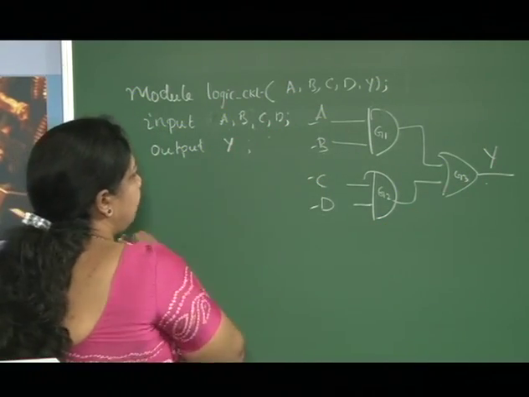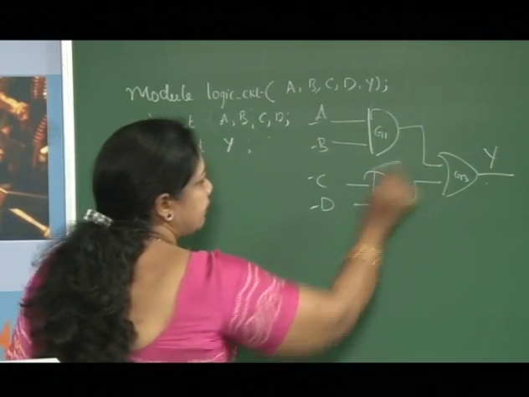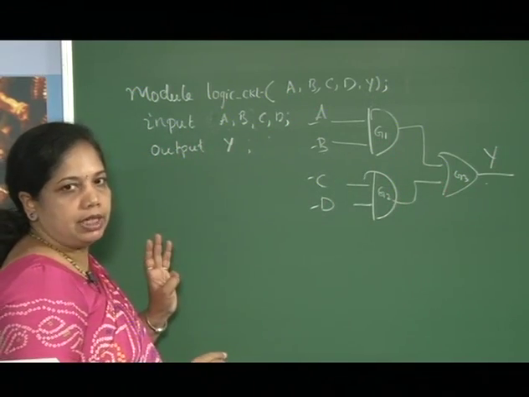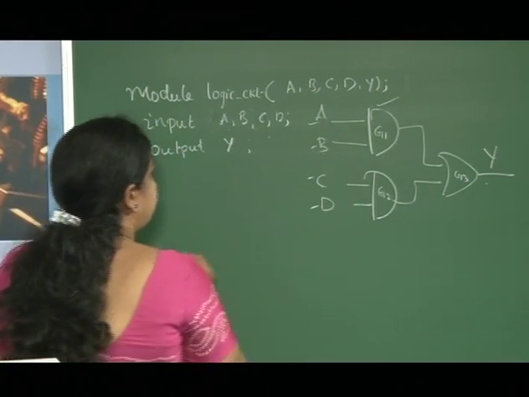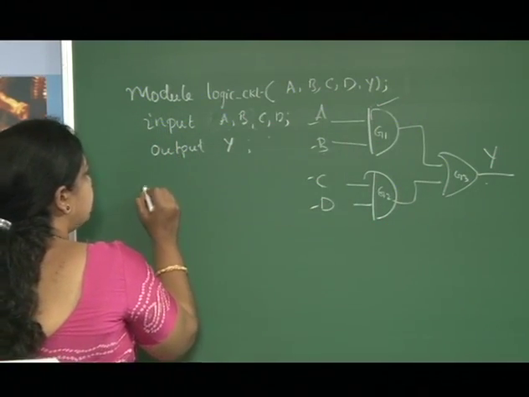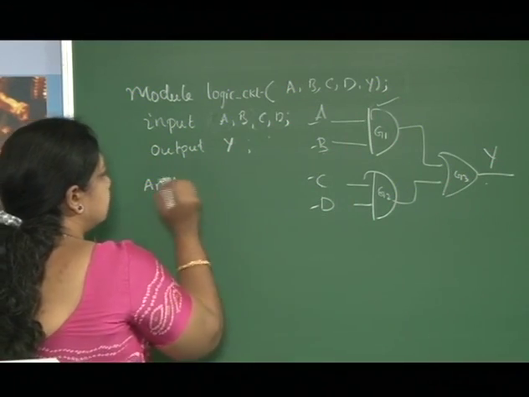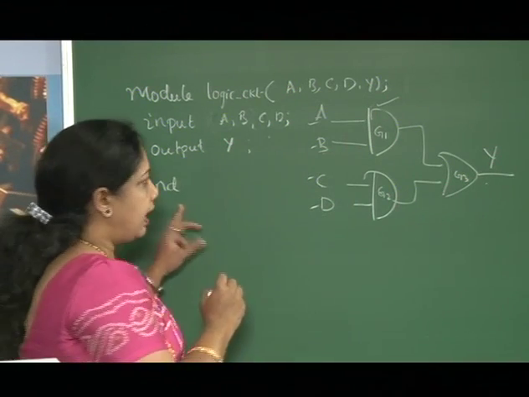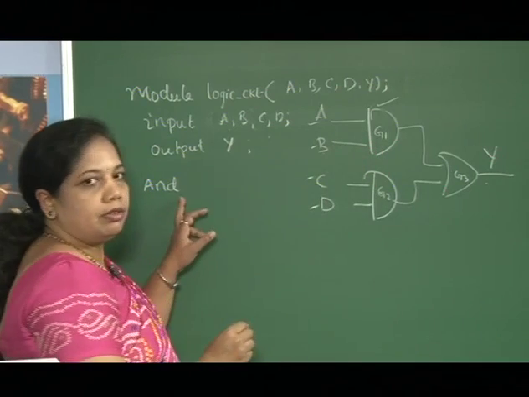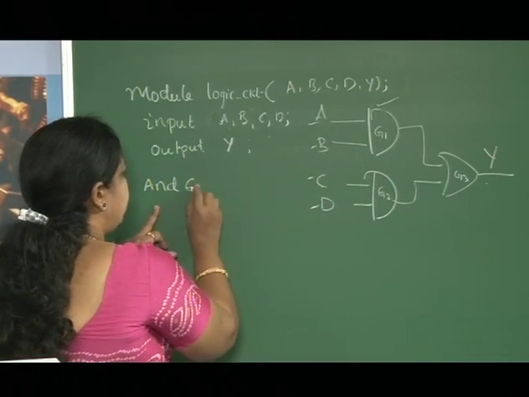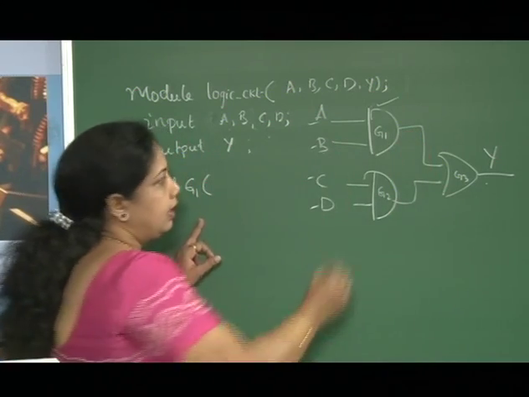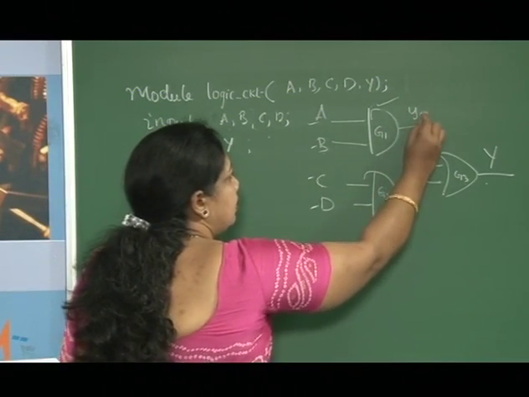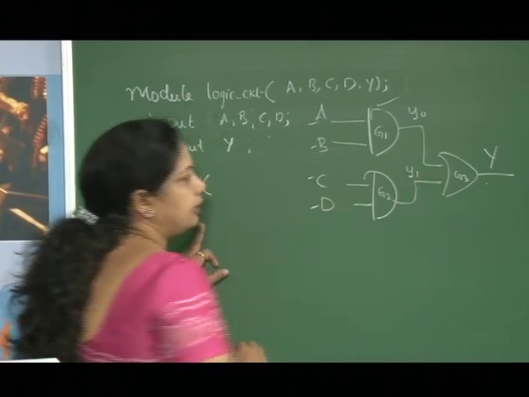Then I am going to define how many gates we have here. We have 3 gates. Now we are going to define the first gate as G1. The first gate is an AND gate. I am going to define the keyword AND with the gate name G1, and the output of this, say, Y0, and the other Y1.